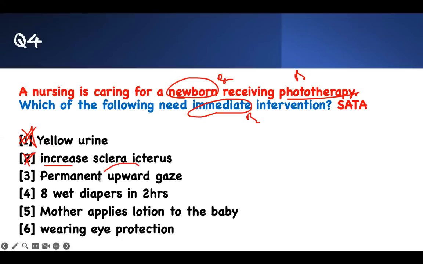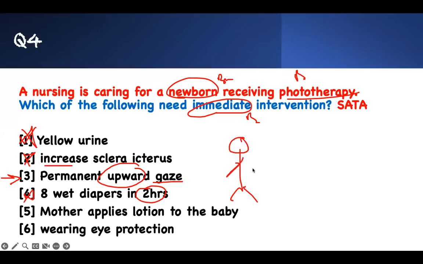Permanent upward gaze, that's a deficit due to some brain injury. So this, we need to intervene. 8 wet diapers in 2 hours. Oh, the kid is peeing, so this we don't need to intervene. Mother applies lotion to the body. This is the kid, he's being exposed to UV light.